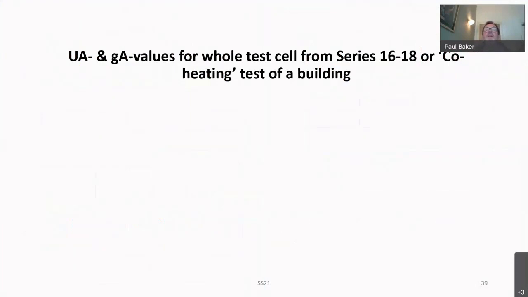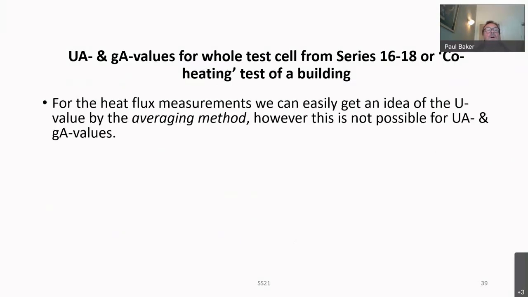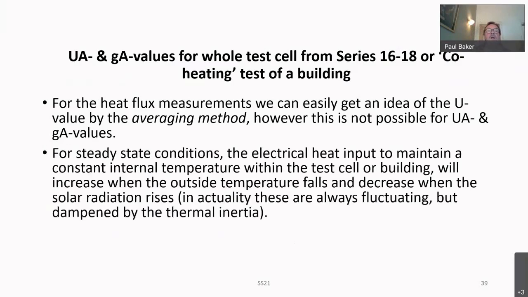Now we look at UA and G values for whole test cell data in the co-heating test of a building. If we look at the heat flux measurements on the walls, then we can easily get an idea of the U value by the averaging method. But this is not possible for UA and G values.